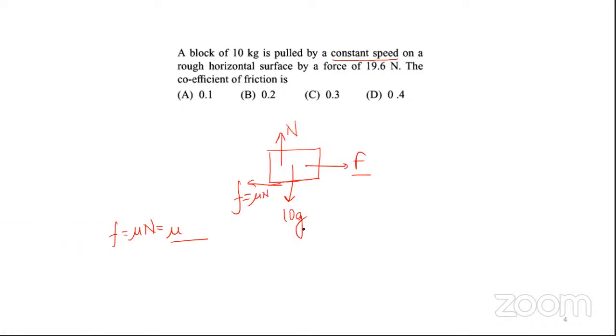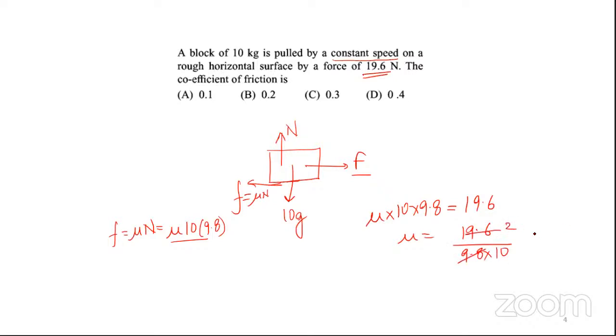Why will I not take g as 10? Because I'm seeing that this is a multiple of 9.8. So I'll take this as 10 into 9.8. So mu into 10 into 9.8 is equal to 19.6. So mu is 19.6 upon 9.8 into 10. This is 2. So 2 upon 10 is 0.2.